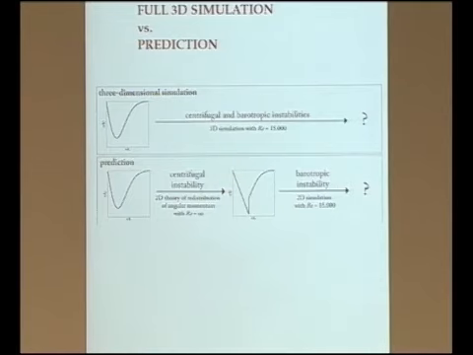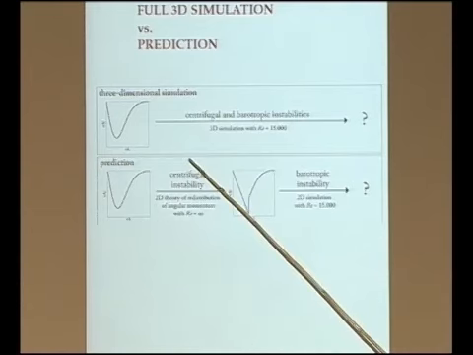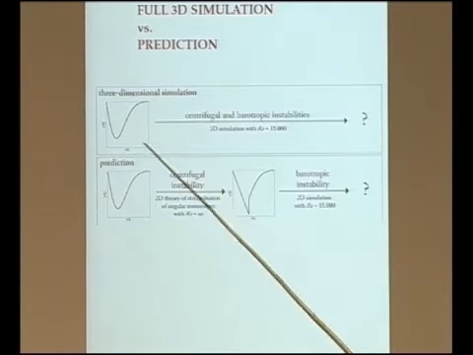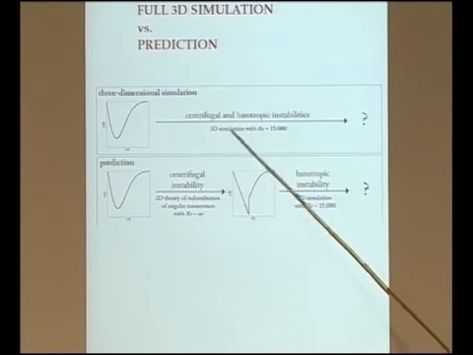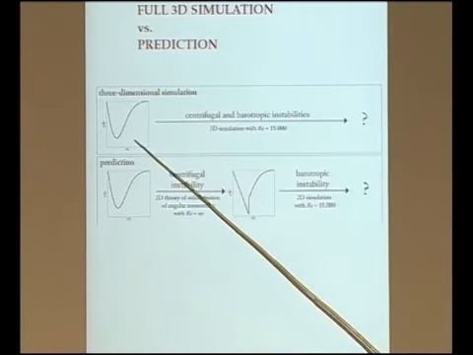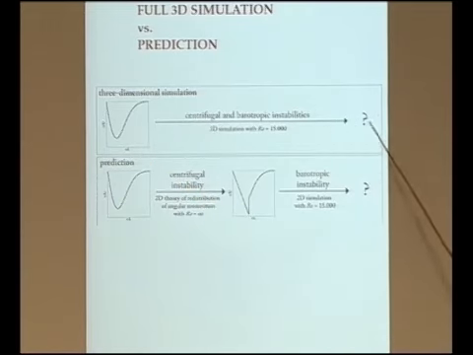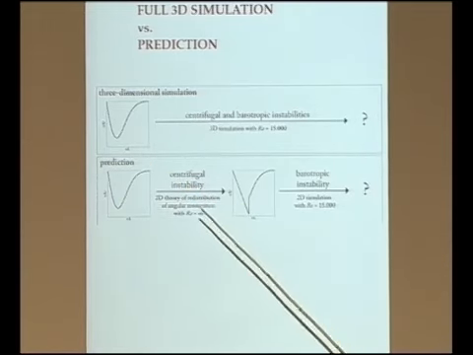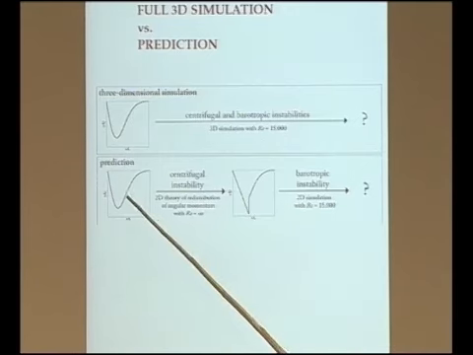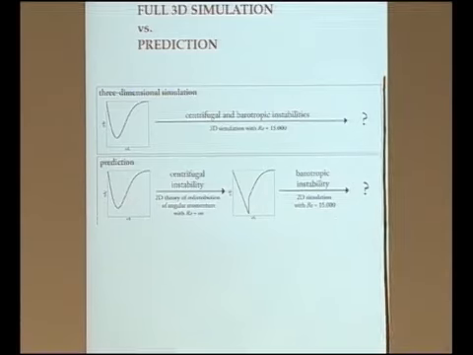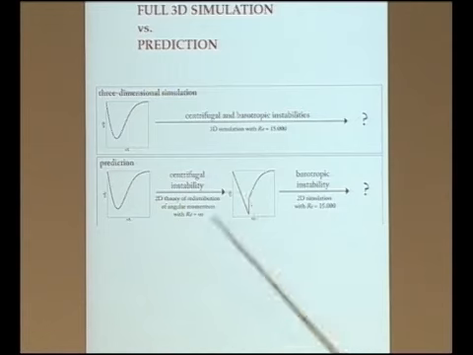So now we're at the stage where we've got 2 theories. We've got barotropic instability, we know a lot about that, and now we know something about the centrifugal instability, that's long time tendency. Can we put them together somehow to make some predictions? So what we're doing here is taking a fully 3-dimensional simulation at some Rossby number and some alpha, and watching what happens to it and the final products.